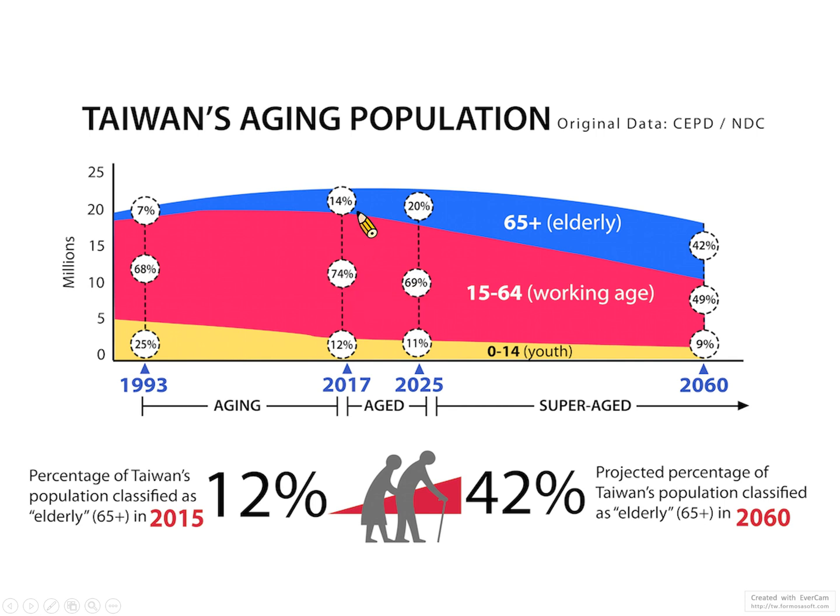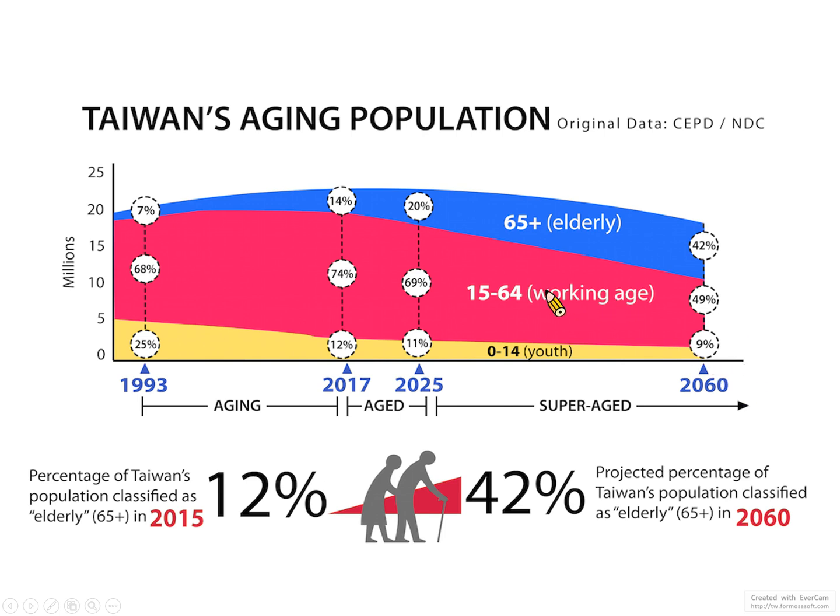At that time there was 12% youth, under 14 years old, and the elderly, defined as over 65, was 14%. By 2025, that percentage will increase to 20%, and even 42% in 2060.